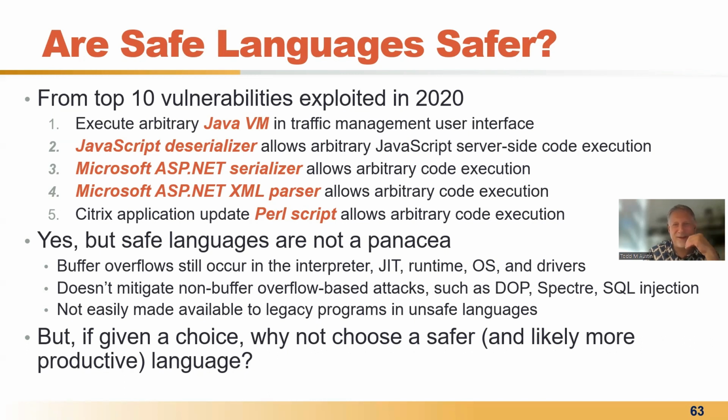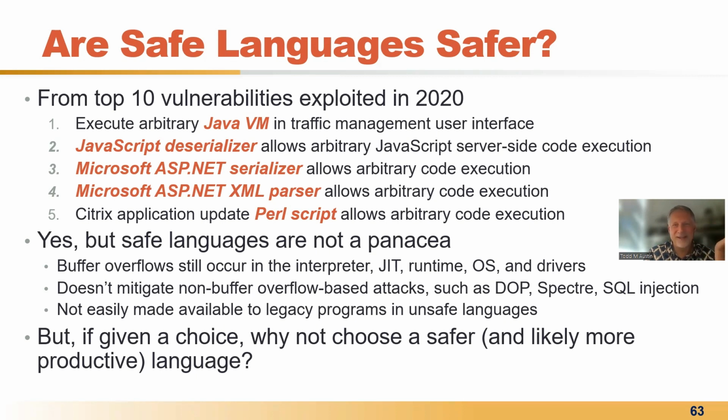The next 2 are also serializer, deserializers, and XML parsers for Microsoft ASP.NET, which is associated with C#, which is also a safe language, and then Perl, which is also a safe language, an attack on it. And these are all very high vulnerability, very serious events.